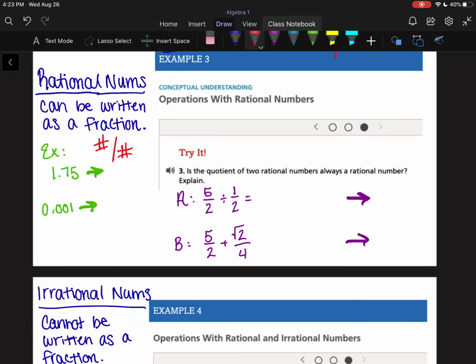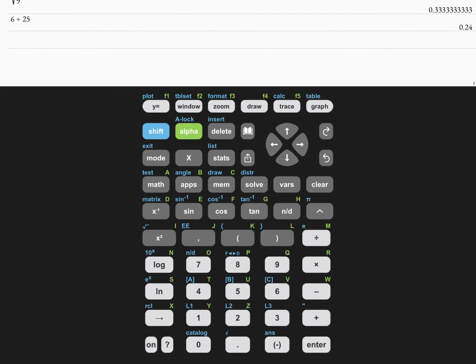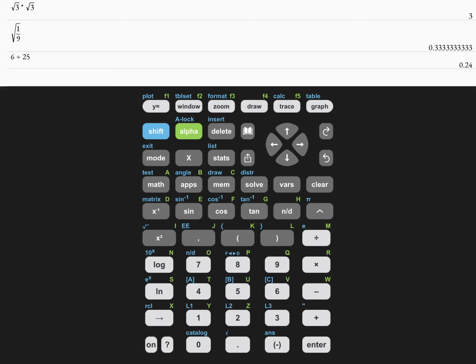Let's test it out. We're going to do 1.75 and 0.001. In our calculators, there's a way you can turn decimals to a fraction if you want to double check. 1.75, I type it in, and then I use the tool Math, Enter, Enter, and it converts that to a fraction for me if it can be converted.